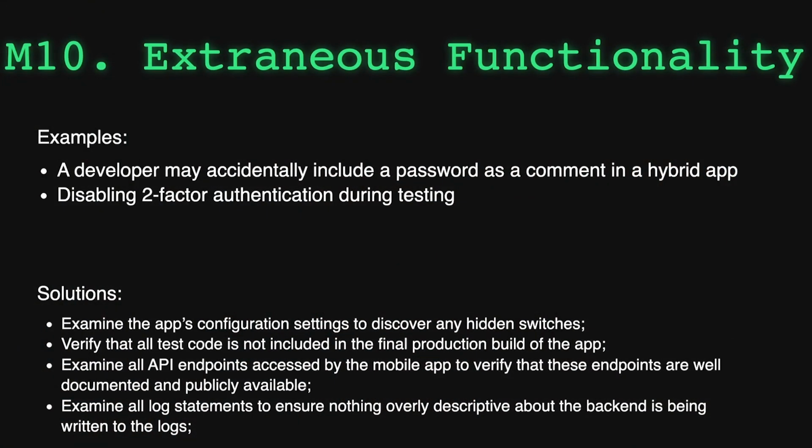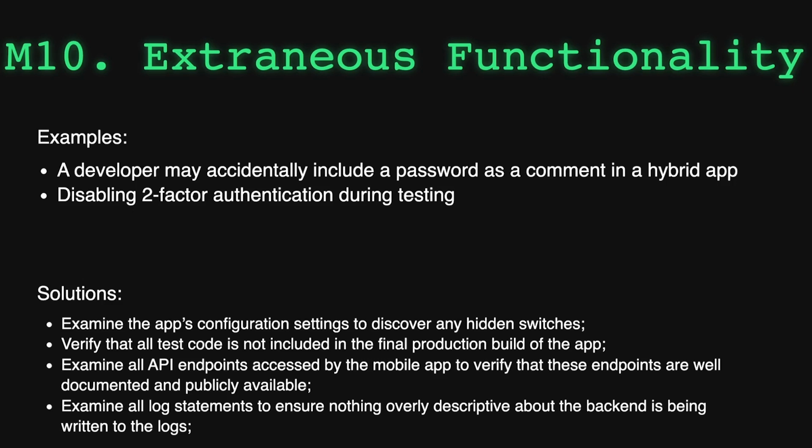Well, here is the thing. A developer may accidentally include a password as a comment in a hybrid application, or disable two-factor authentication during testing and actually deploy that to production mistakenly, or have a function as a backdoor for doing something in your application.